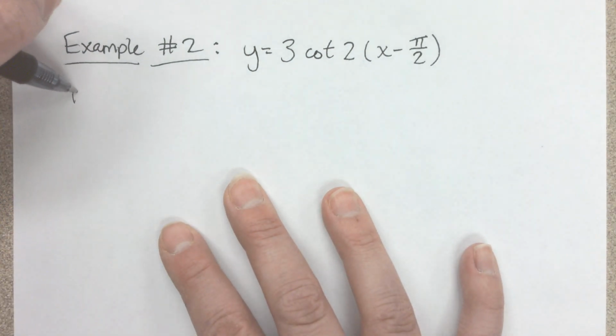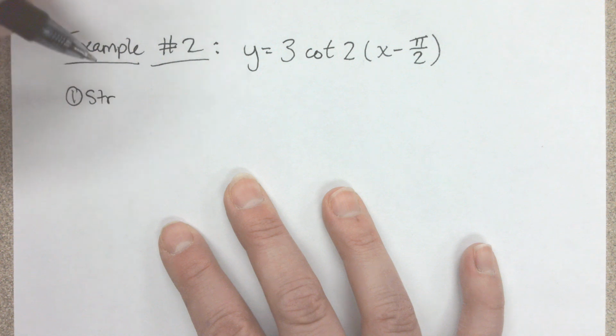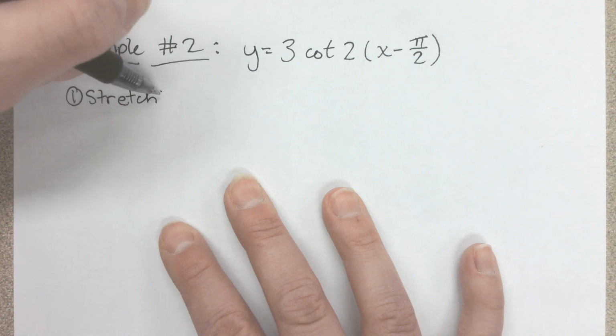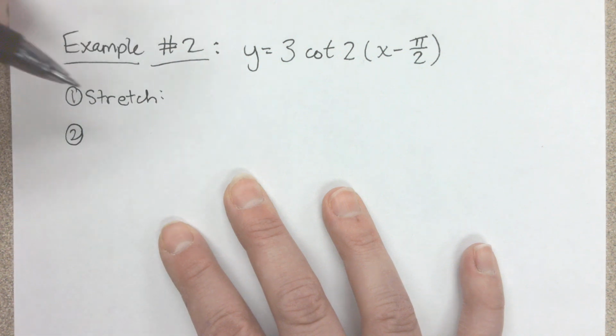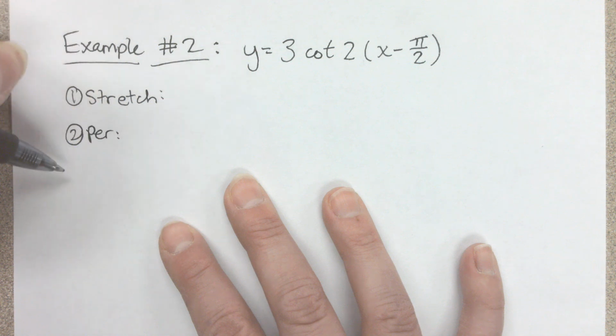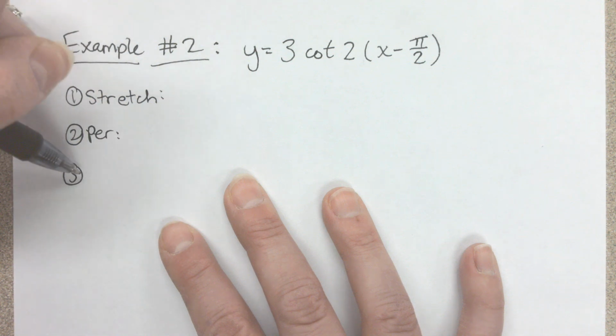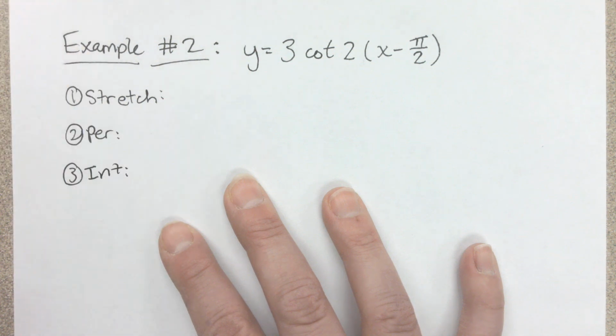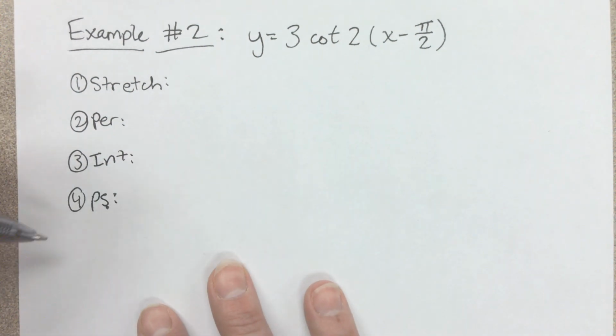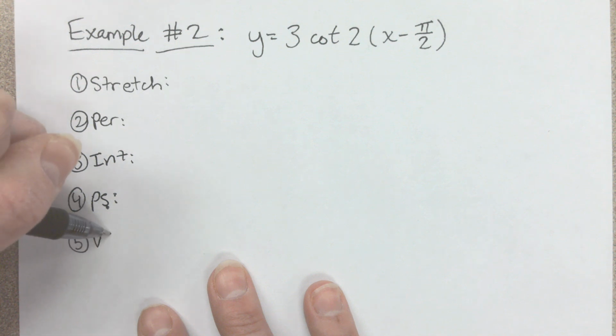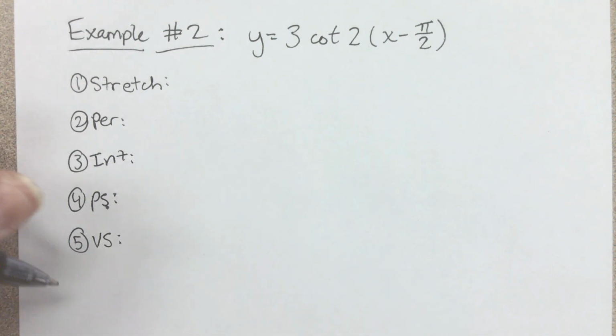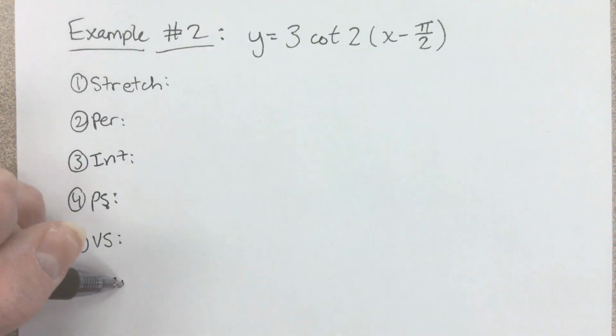We'll make our list. First off, we have stretch, not amplitude. Then the period. Then the interval. Then the phase shift, vertical shift, domain and range.